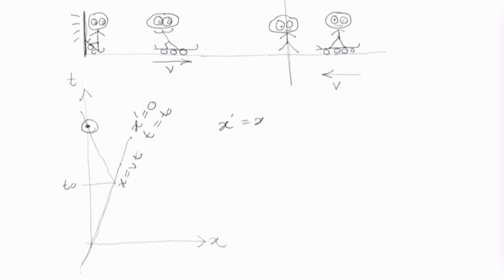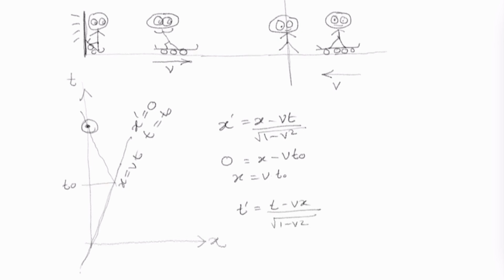x bar is (x minus vt) over square root of 1 minus v squared. When x bar is 0, x minus v t naught is 0. So x is v times t naught. t bar is (t minus vx) over square root of 1 minus v squared.